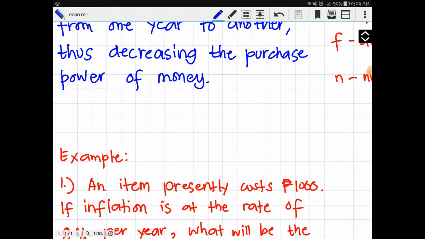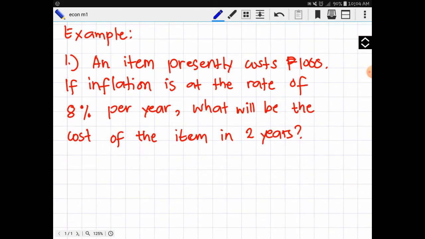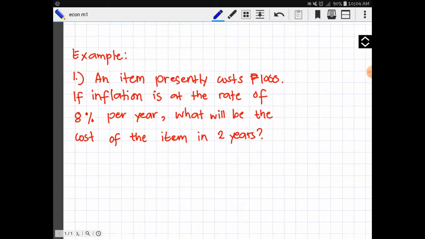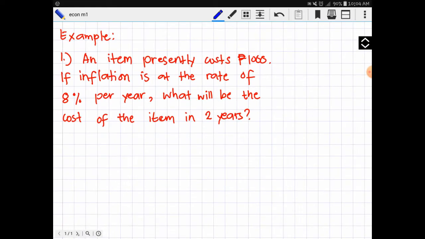Now, let us have this first example. Example number 1, an item presently costs 1,000 pesos. So, nabanggit agad, ano? Presently cost. So, therefore, cost yung pinag-uusapan. We are going to use the FC is equals to PC multiplied by the quantity 1 plus F raised to N. Sulat ko na lang dito yung mga given.